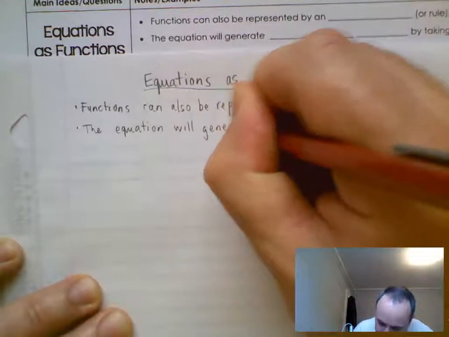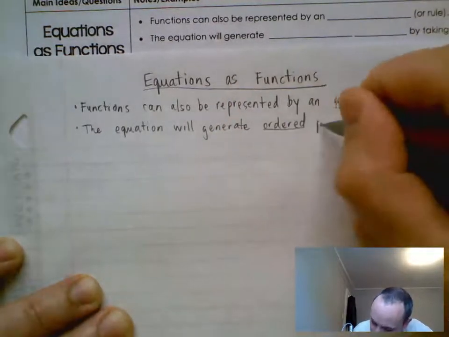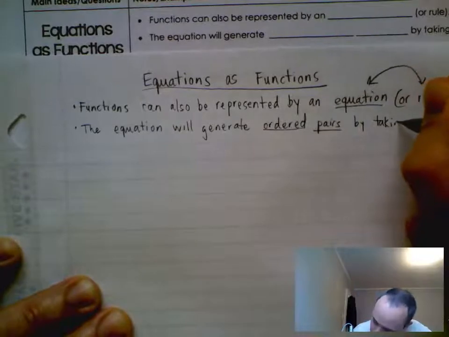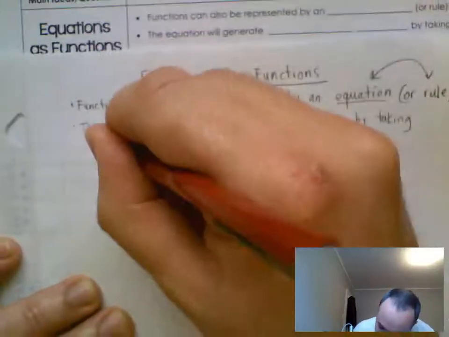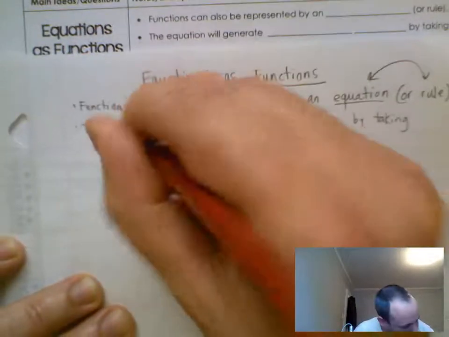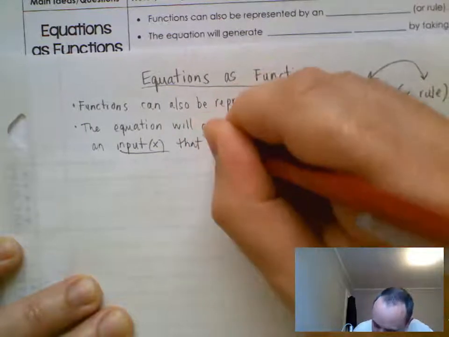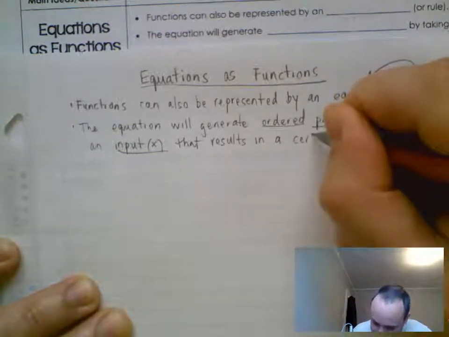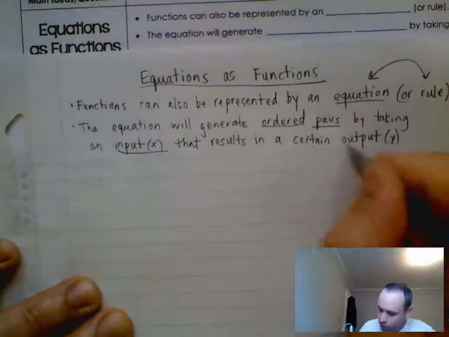The equation will generate ordered pairs by taking an input, which is our x value, that results in a certain output, which is our y value.